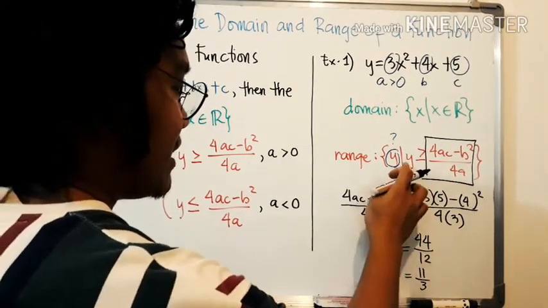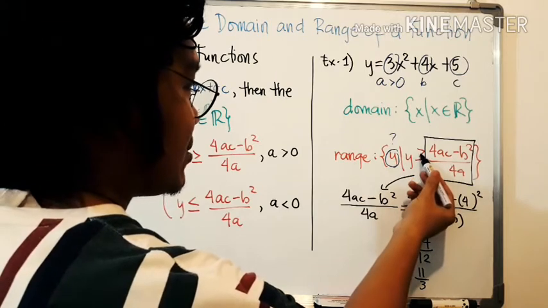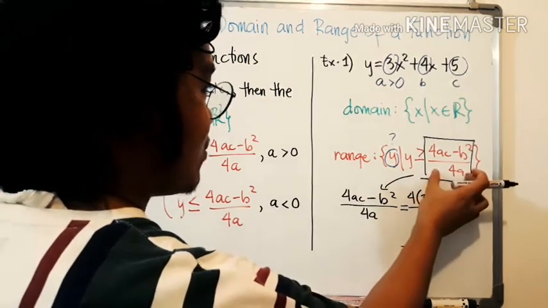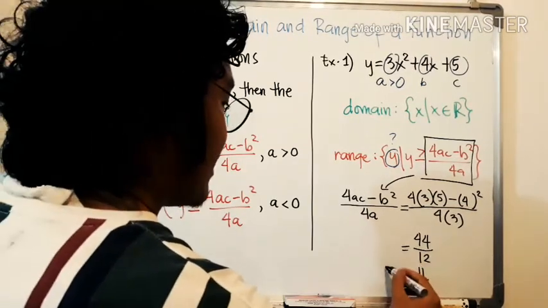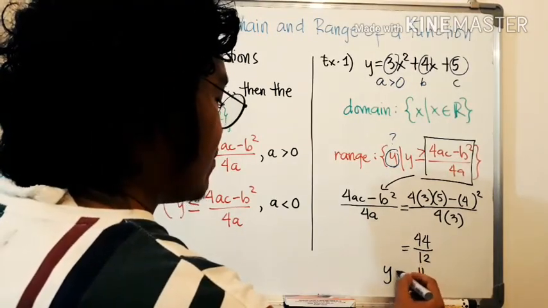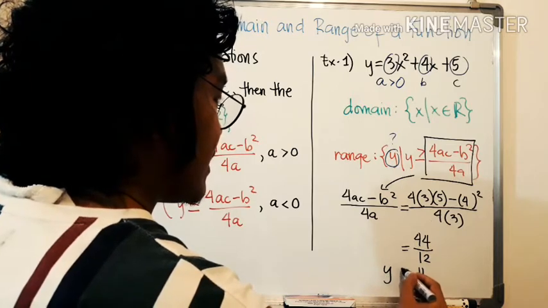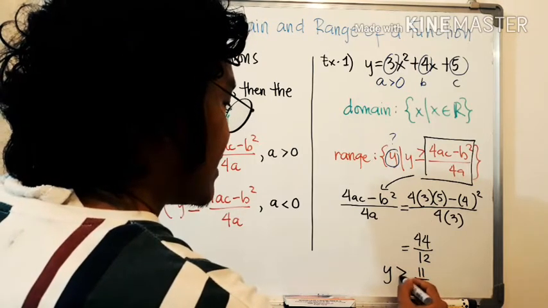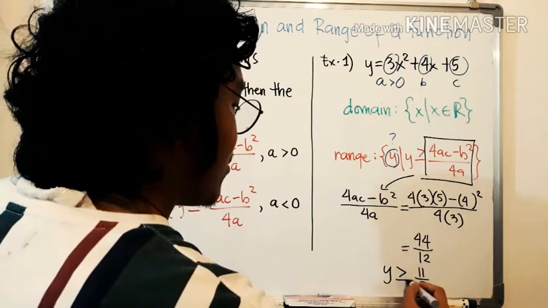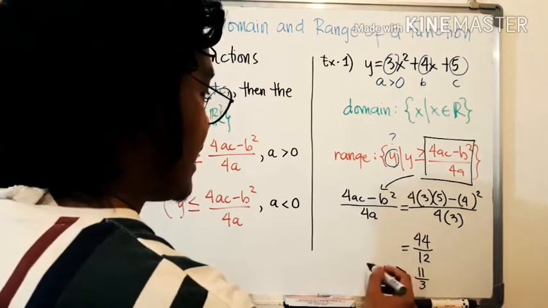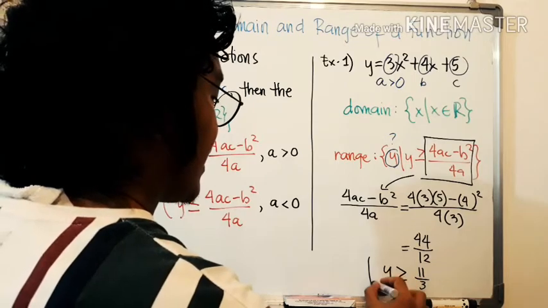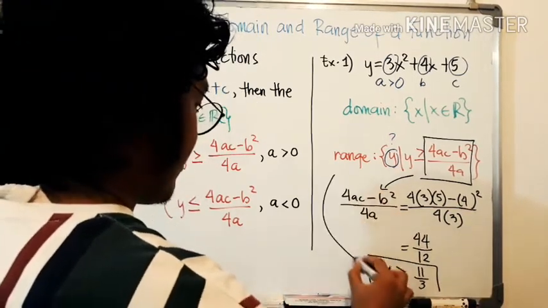But our y is greater than or equal to the value of this expression. Meaning, our range is the set of all y's where y is greater than or equal to the value of the expression, which is 11 over 3. And this is our range.